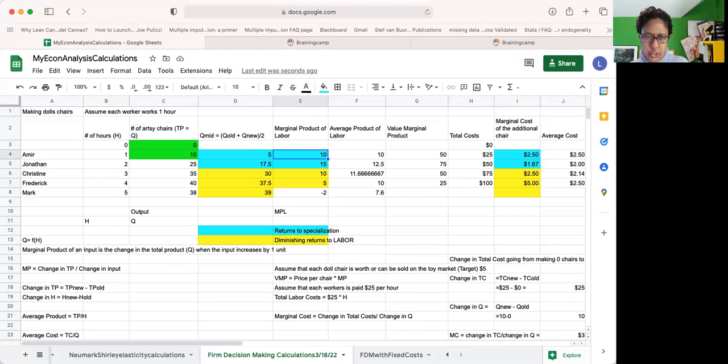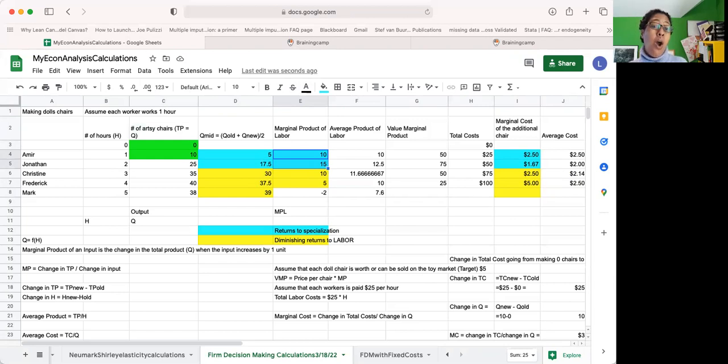It makes 10 cheers. And we hire Jonathan, then we've got 15 additional cheers. But we want to be careful: is it that Jonathan is just this wonderful hire that we got? No, actually, what we assume is there's something called returns to specialization. People are different.